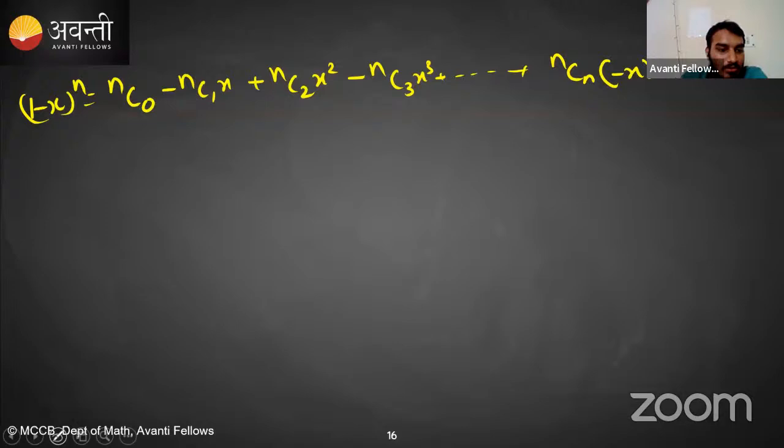Is that clear? Now put x equal to 1 again. So what will we get? 1 minus 1, 0 raised to the power n.